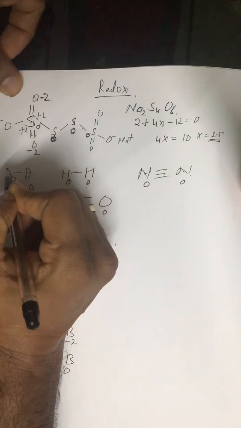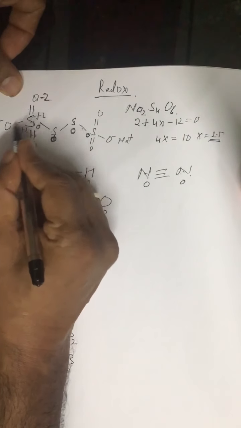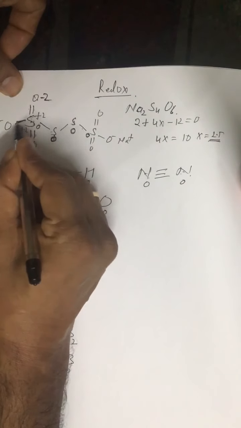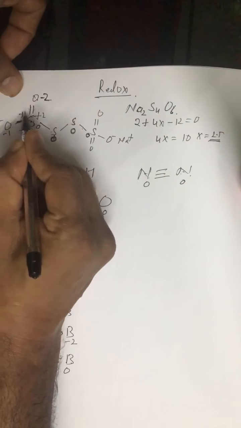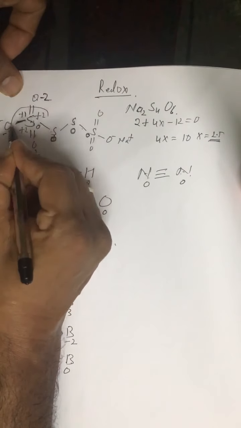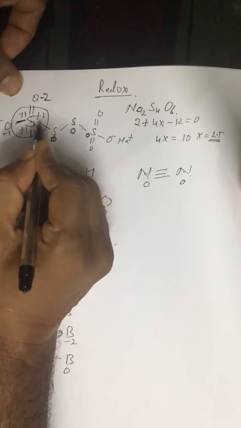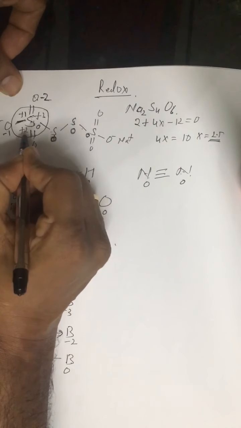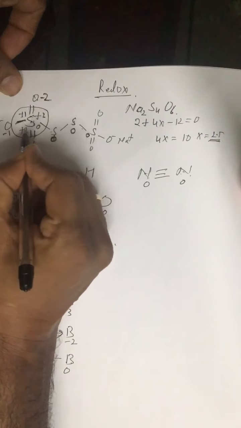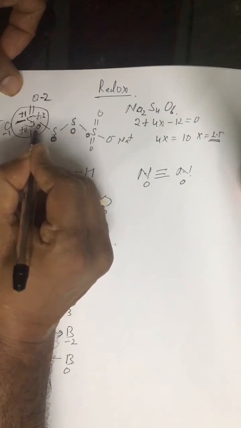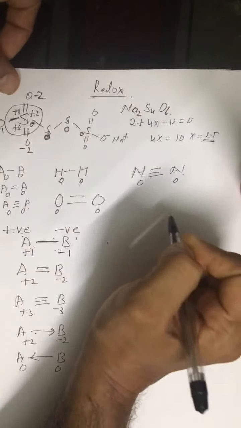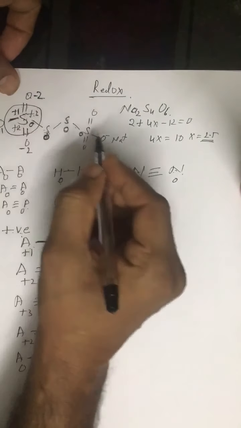Now look at the left-hand side. For this single bond, oxygen is given -1 and sulfur is given +1. So overall, for sulfur we have +2, +2, +1, which is +5, and this is 0 due to this bond. So overall we have 5.